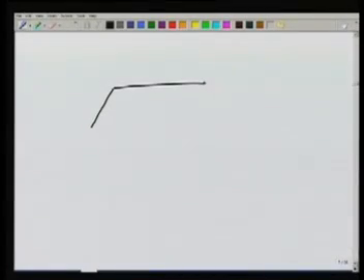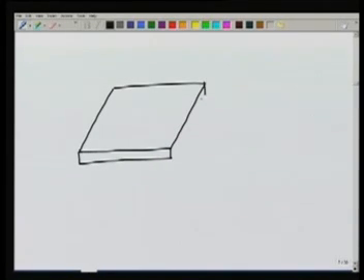The idea is simple. Let us take a very simple problem, a rectangular plate. Plate means the depth dimension is much smaller as compared to the in-plane dimensions.